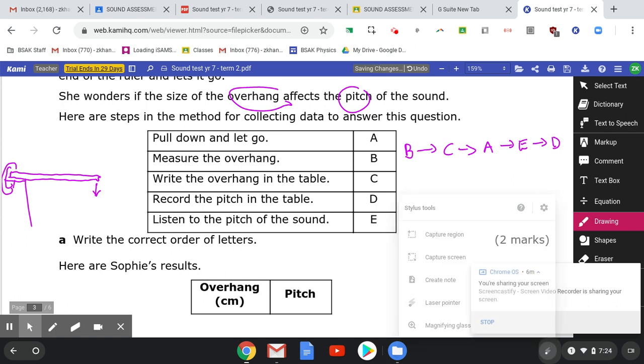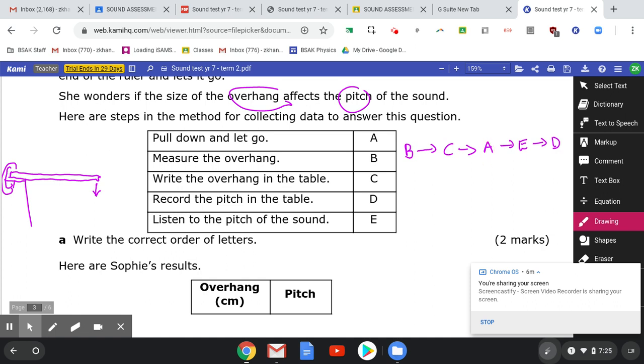So the way that we are going to do this is first measure the overhang when you haven't moved it. So measure how much the ruler is overhanging the table. Then write that overhang down in the table down here. So that's part C next. Then pull down and let go. So pull down the ruler and let go.